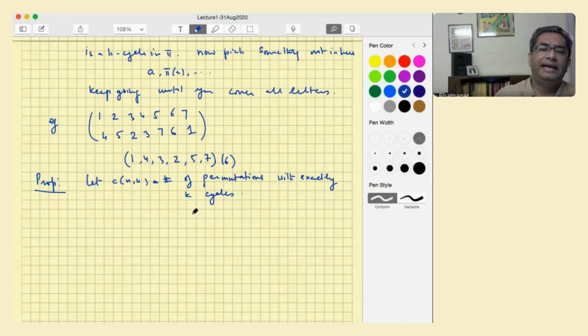Okay, and then c(n,k) is nothing but our s(n,k), the Stirling number we defined in your homework of the first unit.